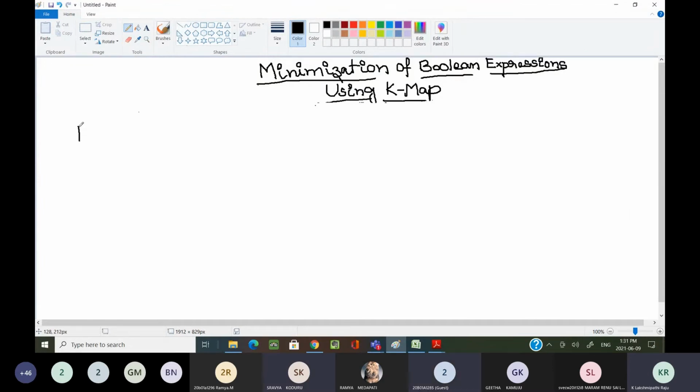F of A, B, C, D equals sum of minterms. First of all, it is a 4 variable function, A, B, C, D. Sometimes they do not represent the small m, but by seeing the summation symbol, you should understand.